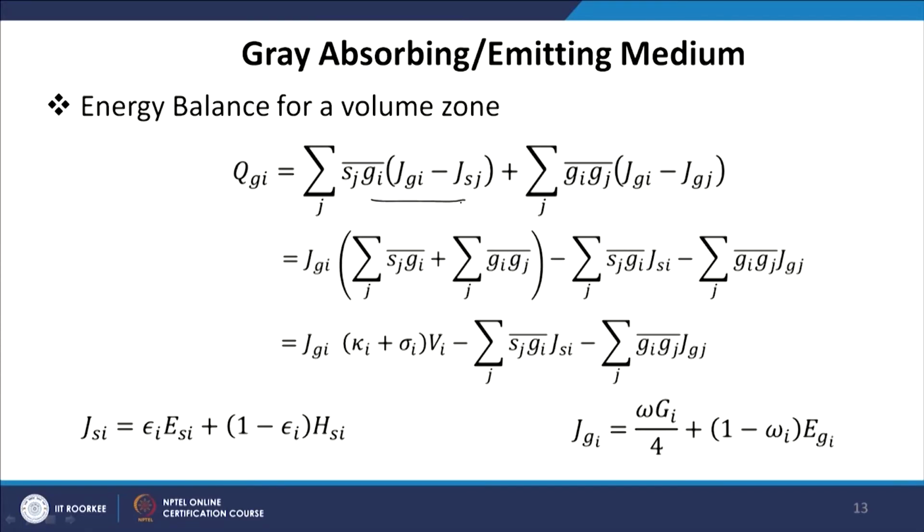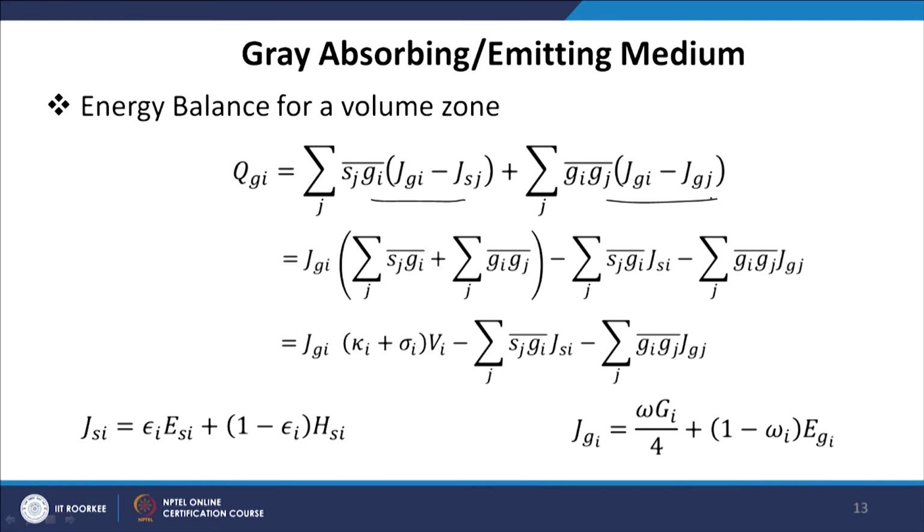The same type of energy balance we can do for a volume zone. So, for a volume zone, QGI, that is energy transfer from volume zone I, can be taken as energy transfer from surface to gas and between gas to gas.